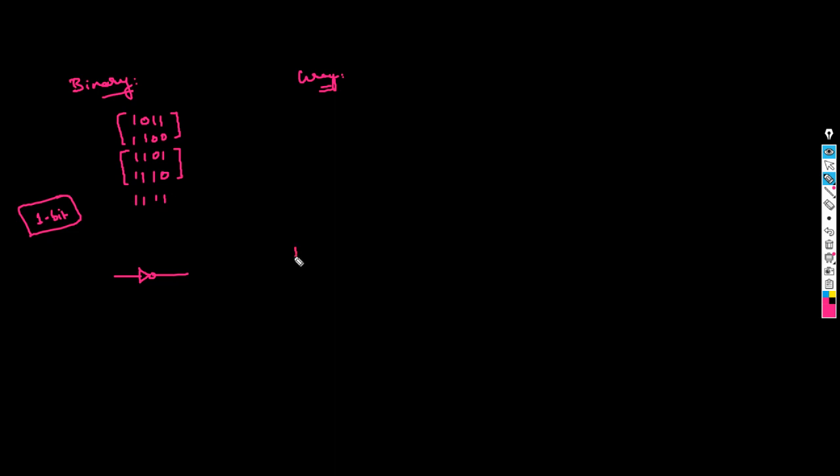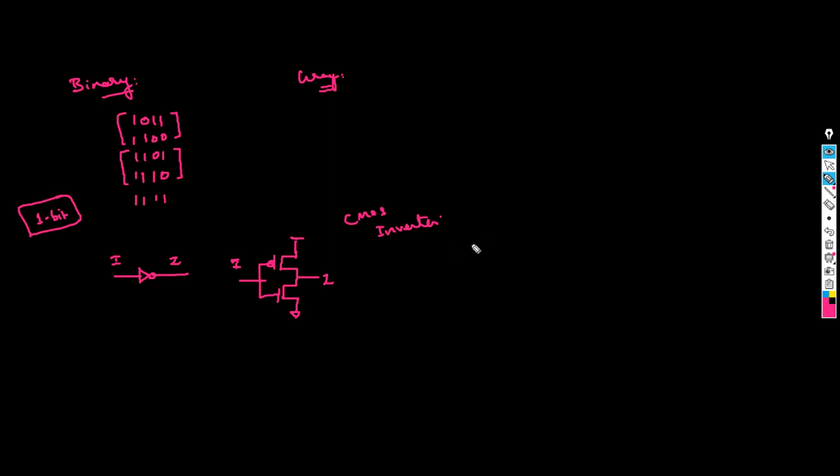Now this inverter is implemented using CMOS logic, which is PMOS on the top and NMOS on the bottom. This is your input I and this is your Z. Now if you look at this CMOS circuit, this is the CMOS inverter.